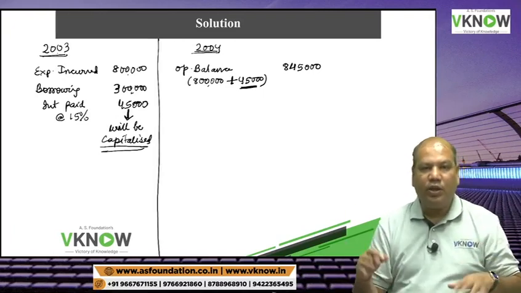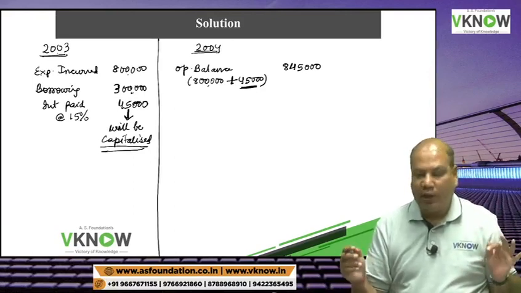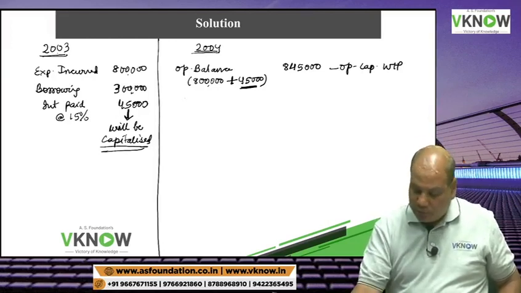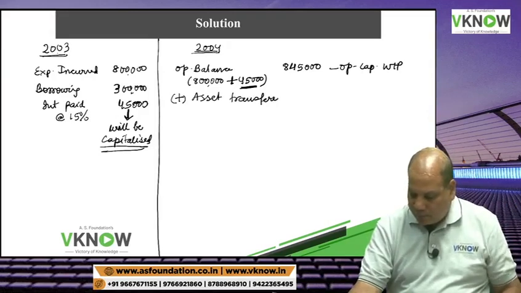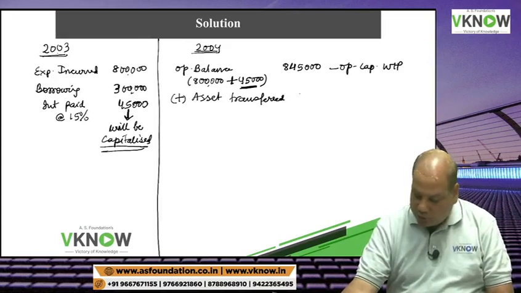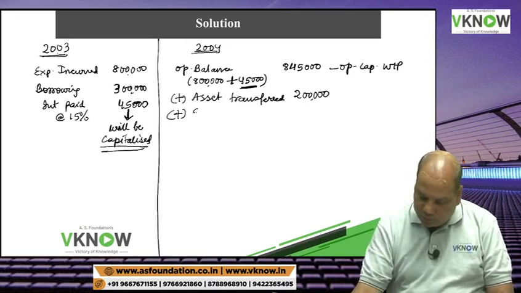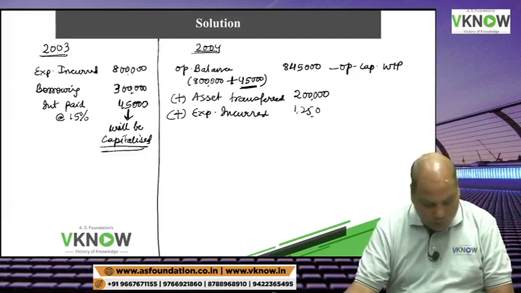So when I start my year 2, 2004, I will have an opening capital WIP of 8,45,000, and in this year we have transferred one asset to the project, which was 2 lakh, and some expenditure incurred on construction work was 1,25,000.